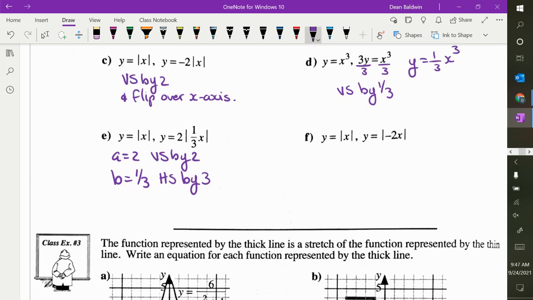Root x becomes absolute value of negative 2x. So what have we done? By 1/2. What's the negative tell you? Flip over the y-axis. There you go. 2 things.